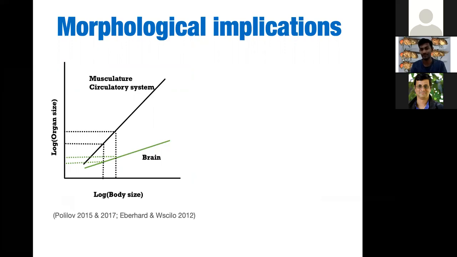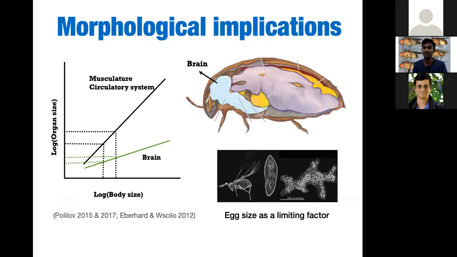One example is the nervous system. With decreasing body size, the rate of decrease in the central brain isn't that steep. As a result, a lot of animals actually have a bigger brain relative to their body size. They seem to retain the size of the brain of their ancestors when they become miniature.